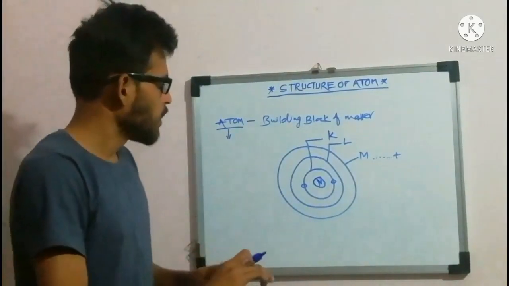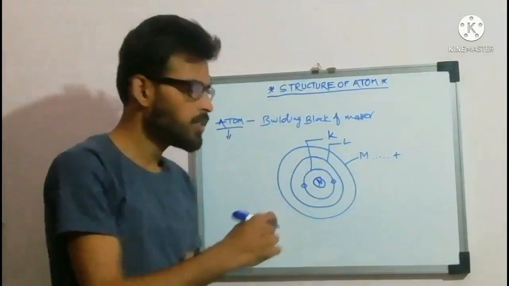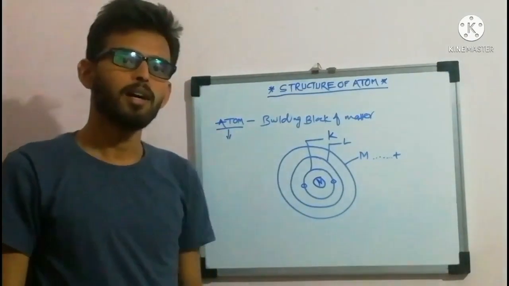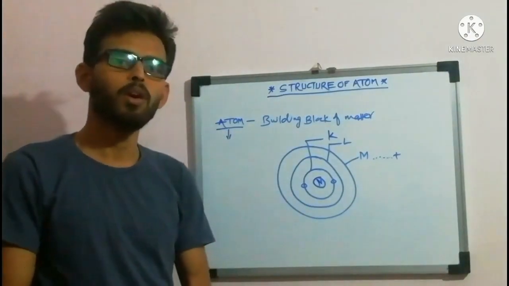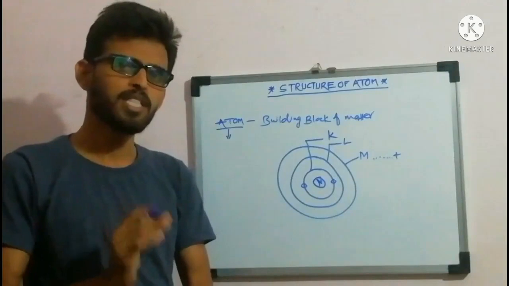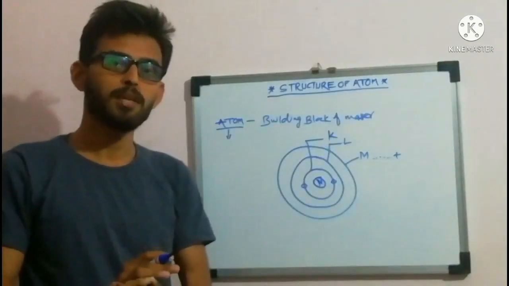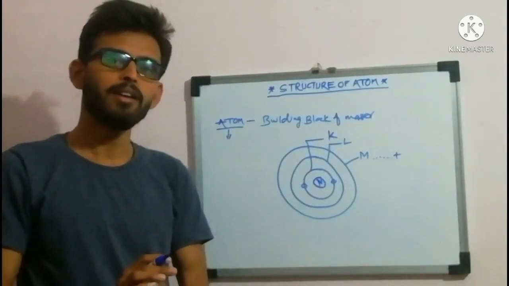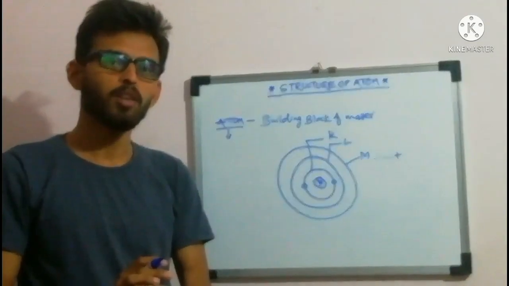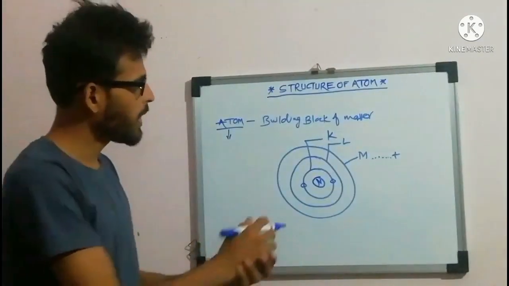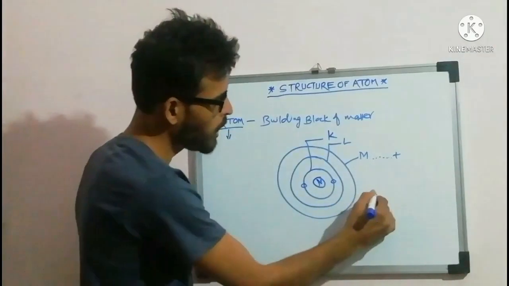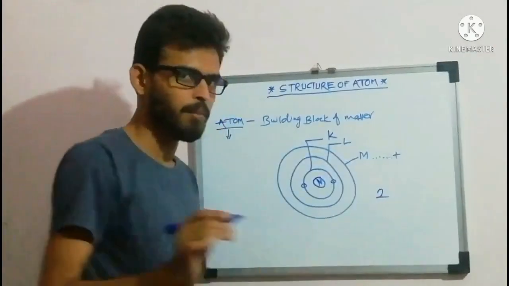It is also not the case that any number of electrons can revolve around an orbit. For a specific orbit, there is a specific number of electrons that can revolve around it. In the K orbit, only 2 electrons can revolve for any atom.